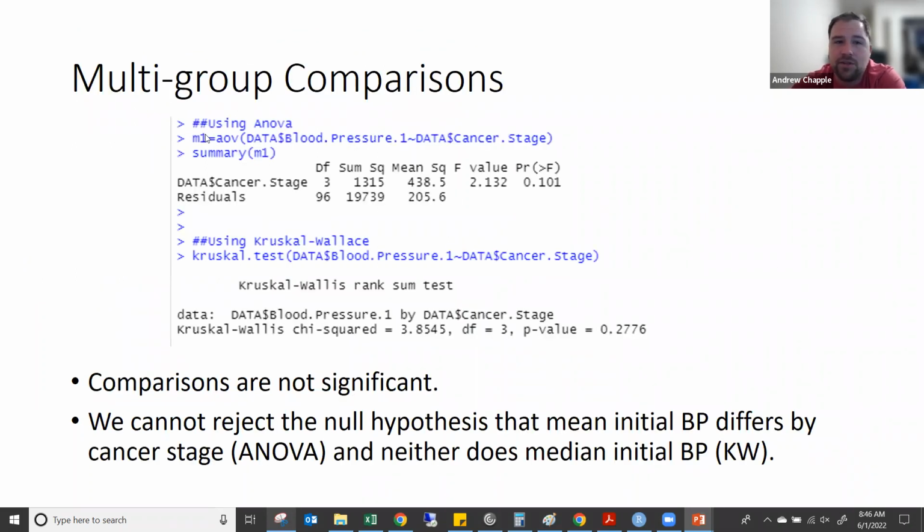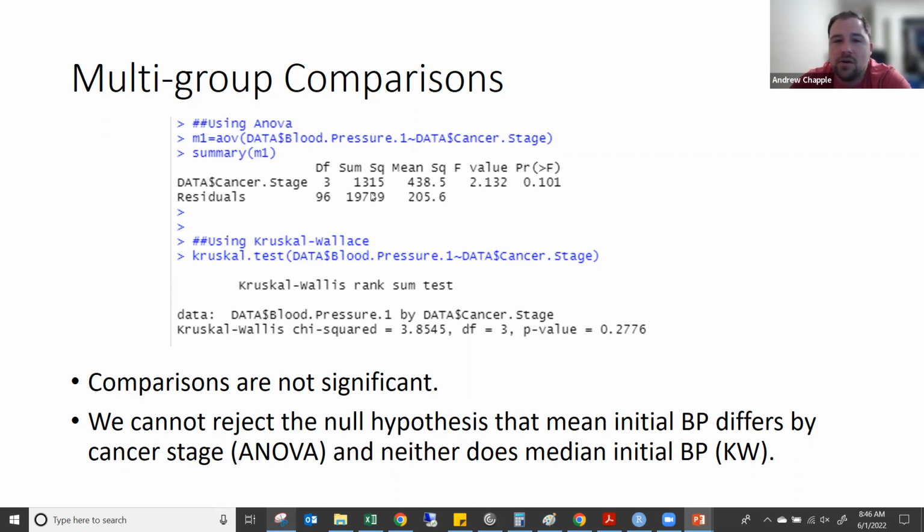The easy way is to use this command here, aov. So I'm saying, hey, R, I'm defining this object called M1. It's an ANOVA, and it's going to store the results in M1. M1 is now going to contain my results. And you notice the syntax looks just like a box plot. So I say data, blood pressure 1, tilde, data, cancer stage. And then I'm taking the summary of M1.